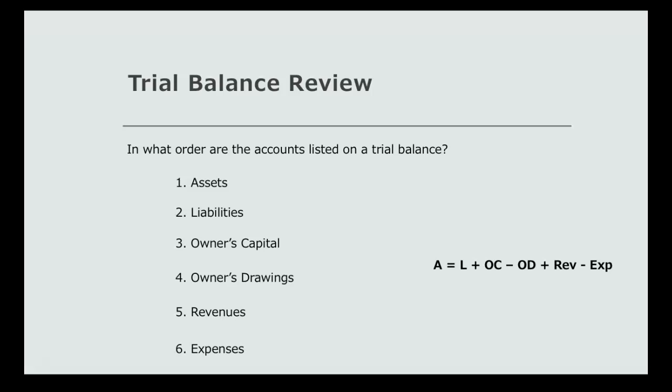So we're listing out our accounts on a trial balance in the same order as the expanded accounting equation. We list all of our assets, then our liabilities, and then our four pieces of owner's equity, which are owner's capital, owner's drawings, revenues, and expenses.